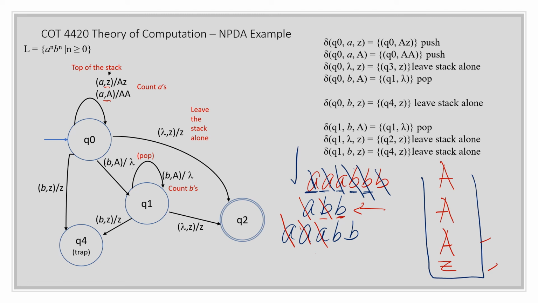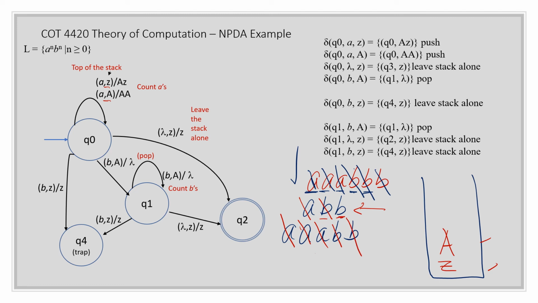So now I have a B, and there's an A on the stack. I'm going to pop that off. All right, and now I have a B, and there's an A on the stack. I'm going to pop that off.